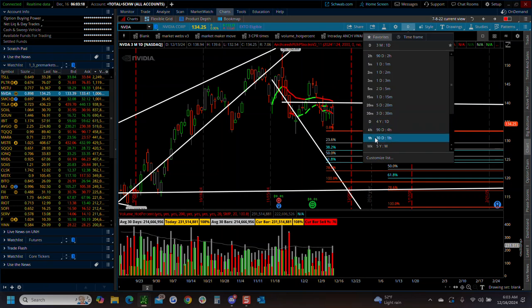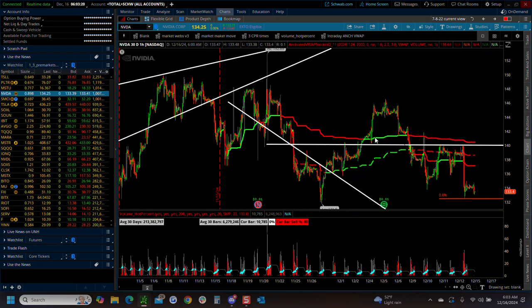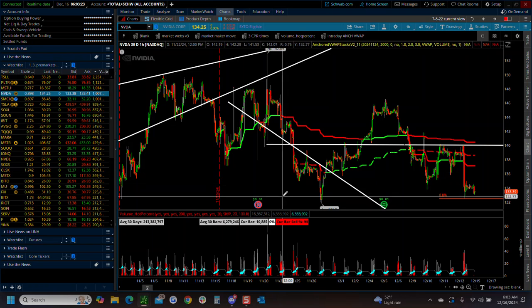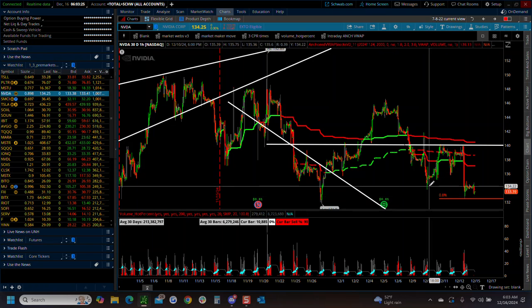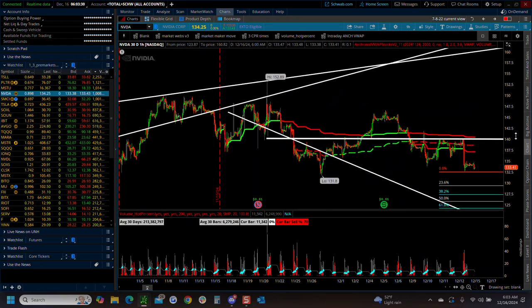Where's the 1 hour here? So yeah, we're coming right back down into the support zone on Nvidia early on this morning. That's our canary in the coal mine for the day.